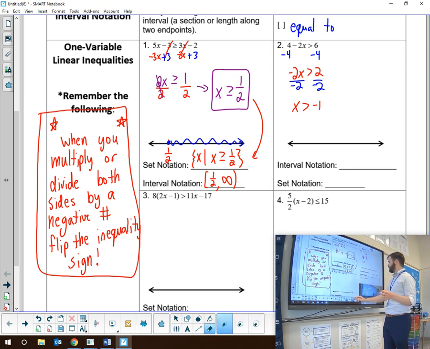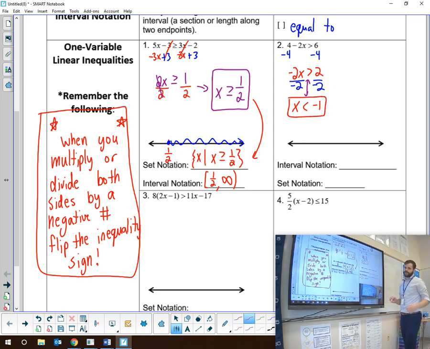It's not greater than -1. It's going to be less than. We cannot forget, if we multiply or divide both sides by a negative, we flip the sign. It's very important because it makes the answer completely different. So my answer is going to be x is less than -1.